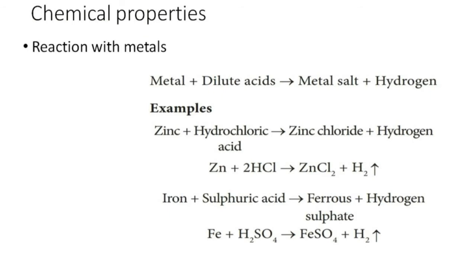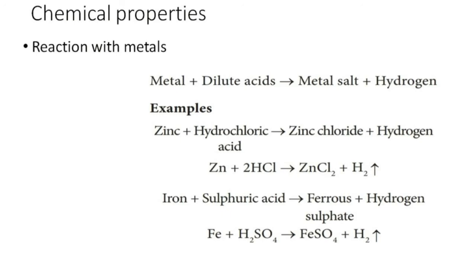Chemical properties of acids. First, reaction with metal. Metals like zinc, magnesium, aluminium, iron, etc. react with acids like hydrochloric acid and sulfuric acid to form metal salts and release hydrogen gas. So, metal with dilute acids forms metal salt and hydrogen.